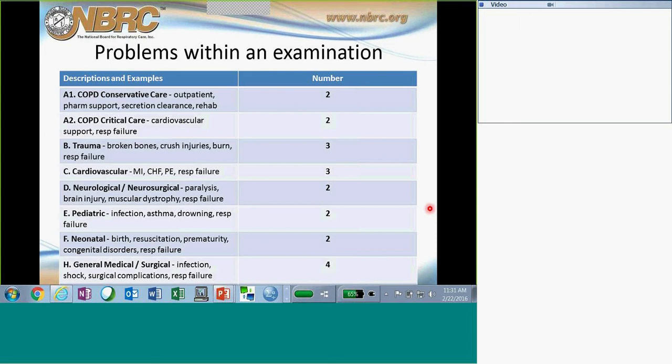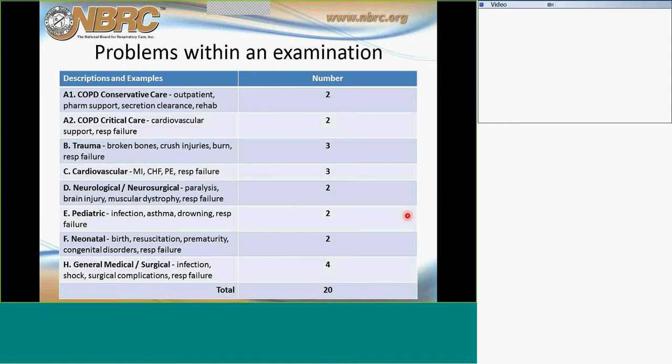And there are, at the bottom, 20 of these problems in total that will contribute to an individual score. The NBRC offers instant scoring, so a test taker will also encounter two pre-test problems that are mixed in, and to the test taker, a pre-test problem will look no different than any other problem on the examination.